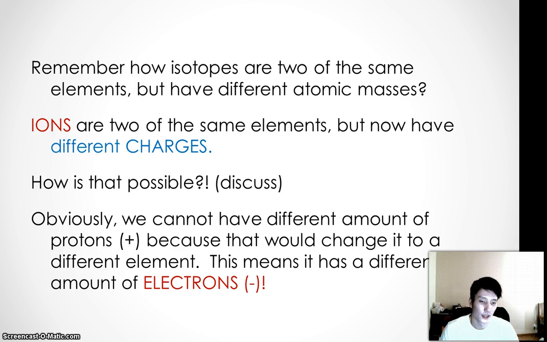We know protons are positively charged and electrons are negatively charged, because Ernest Rutherford, no, not Rutherford, Thomson discovered electrons, with his plum pudding model. So we know that they're negative. So we can alter charges by either removing or gaining electrons.